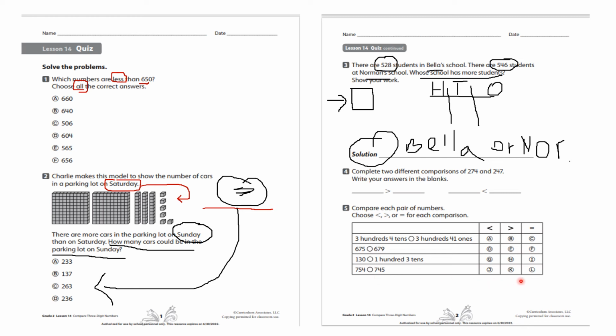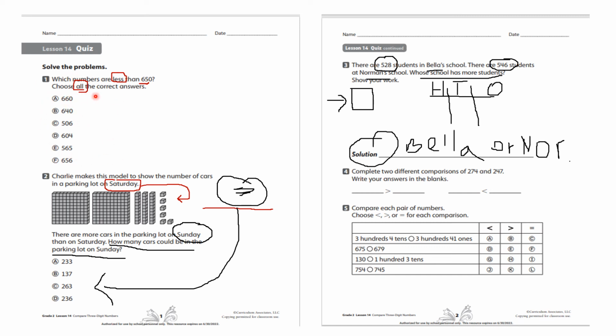Is it more than, less than, or equal to? Now, this question is worth 4 points. This question is worth 2 points. This question is worth 2 points. This question is worth 1 point. And I'm not going to tell you how many points this question is worth. It's worth more than 1.